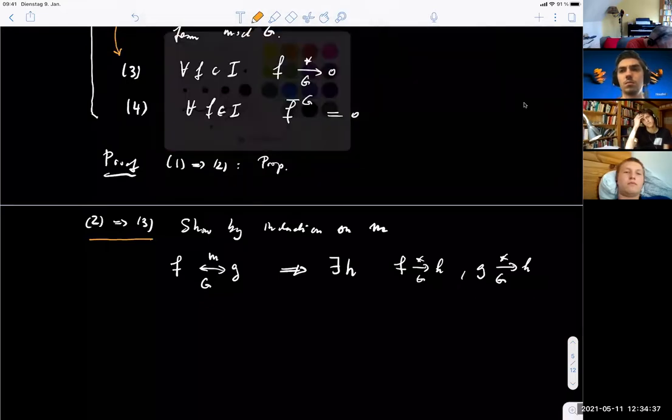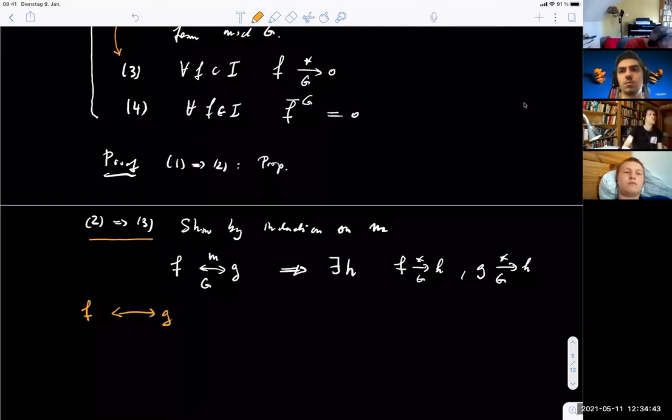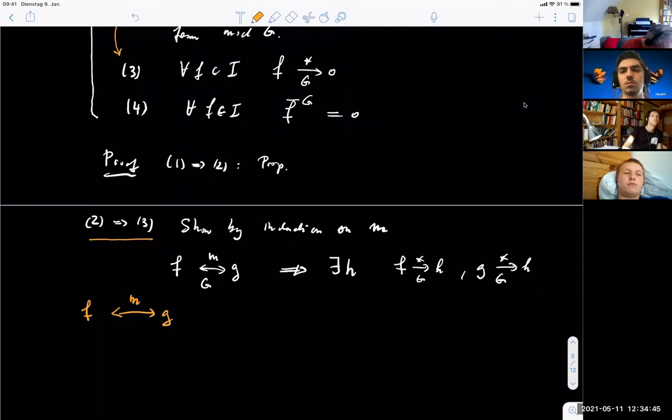Orange is good. So I have F and G. This is the situation, and the point is I find an H such that I can reduce both F and G to H mod G.